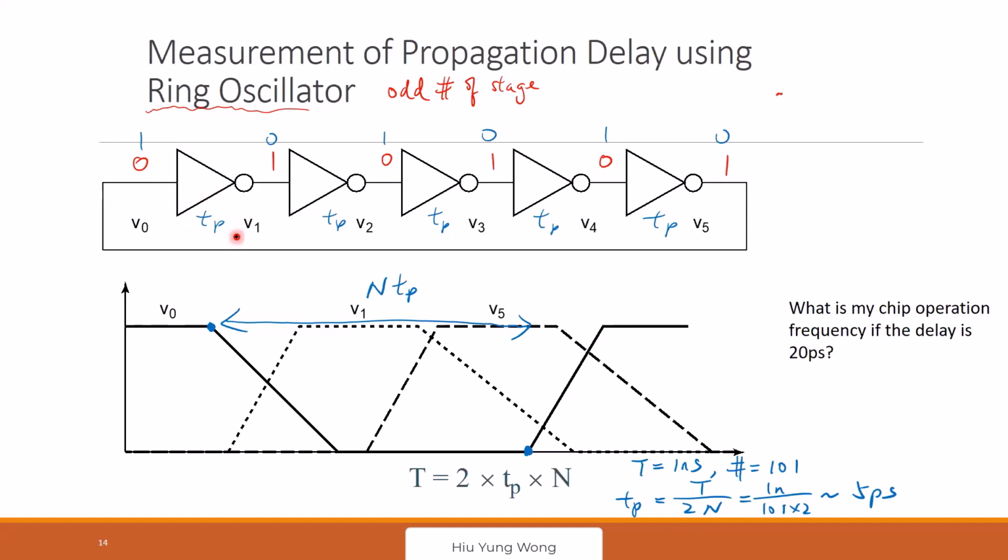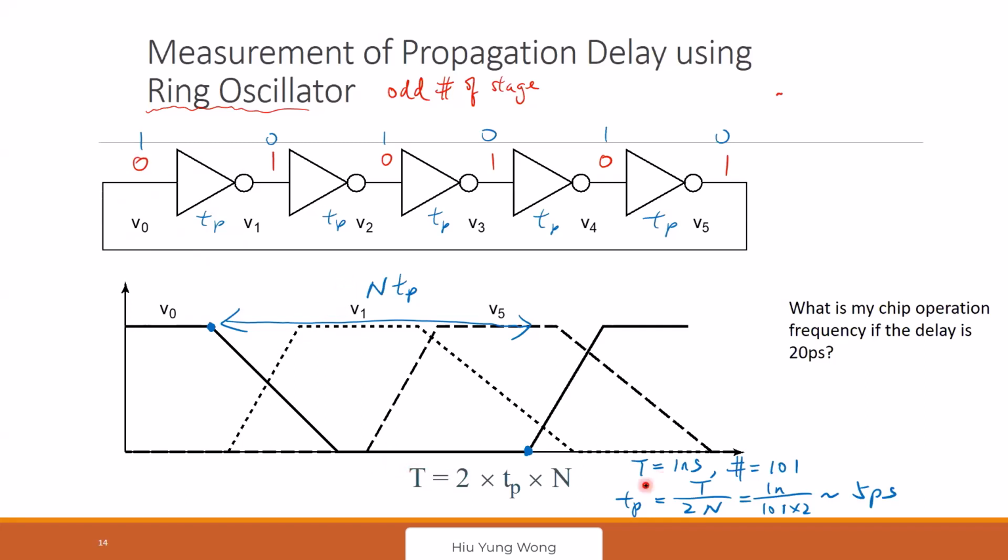For a frequency divider, it involves too many logic gates, so that doesn't make sense. What I'm trying to say is, when we tape out the chip, we also add a frequency divider here. If this is still too fast that we cannot measure, we use the frequency divider, then we can measure the frequency divider output. Okay.